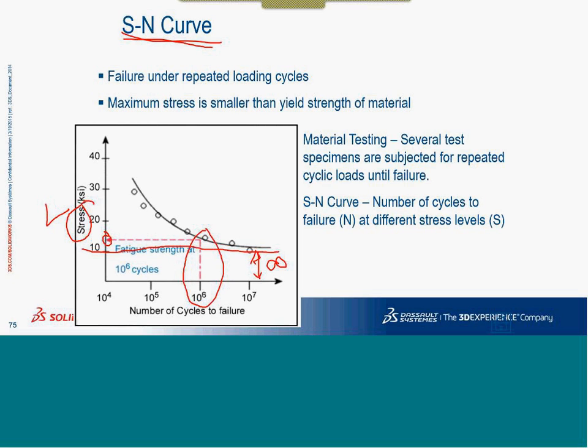The stress at that number of cycles, 10 raised to 6, is called the endurance stress or endurance limit. Typically it will be half of yield strength, more of a rule of thumb, but it can vary, and the absolute values can be understood using this SN curve.